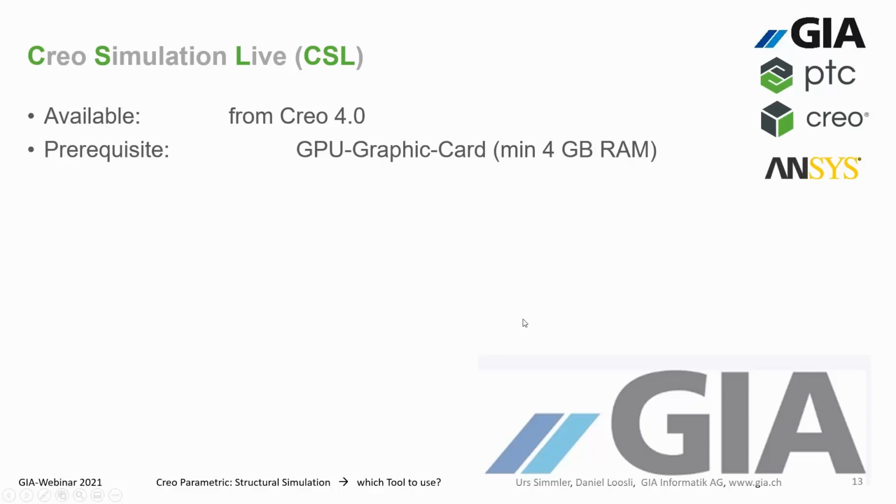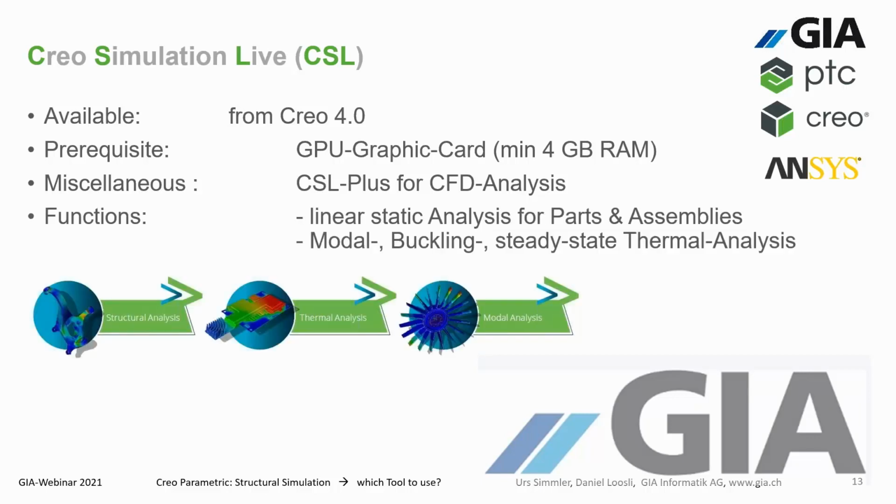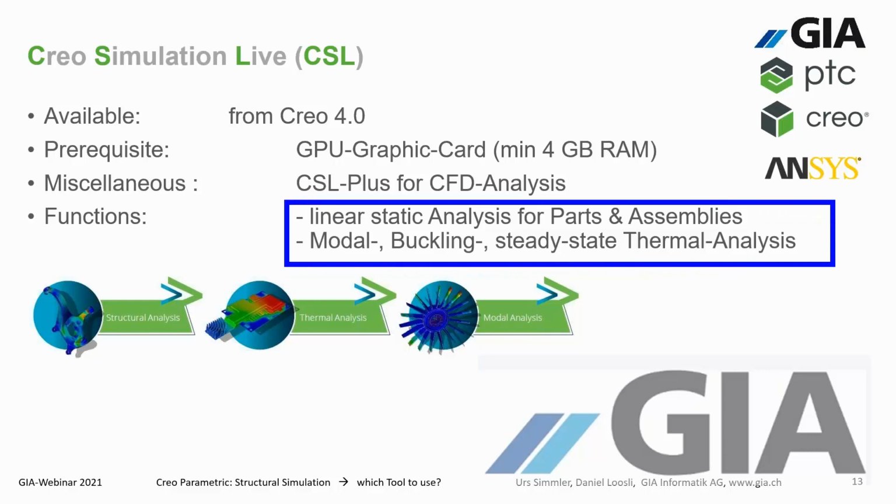We can see that package starting from Creo 4.0, and this is really an interesting package because it's GPU based, so it's analyzing on the graphic card. You need a special graphic card, and with that, with the basic package, you can do some linear static analysis of parts and also modal and buckling. This is not true, sorry, this is wrong. Modal and steady state thermal analysis.